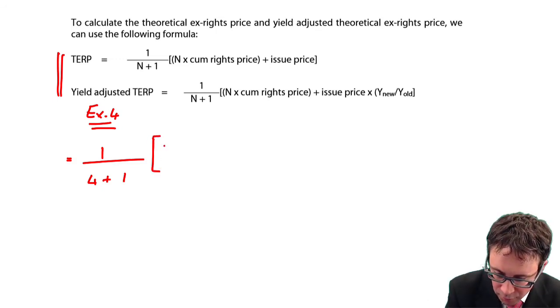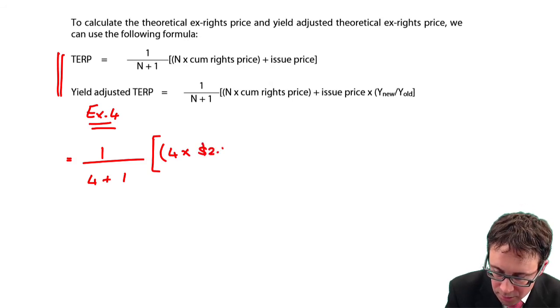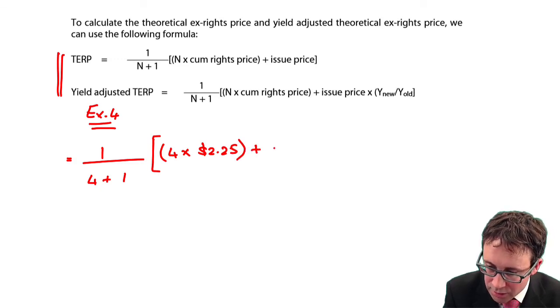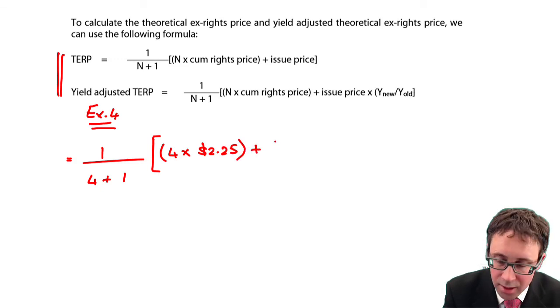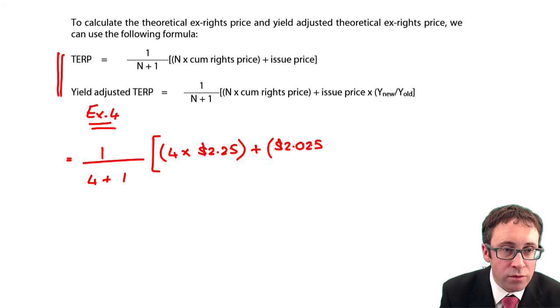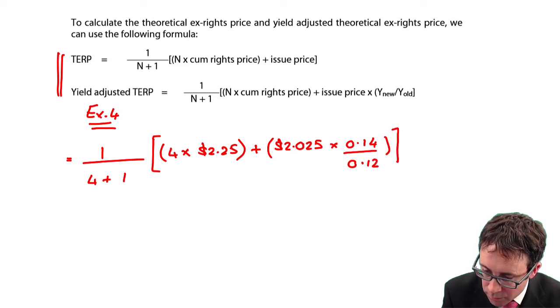You need to be careful with your brackets, so it's 4 multiplied by the cum-rights price, which is $2.25, plus the issue price, which is 2.025, multiplied by 0.14 divided by 0.12.